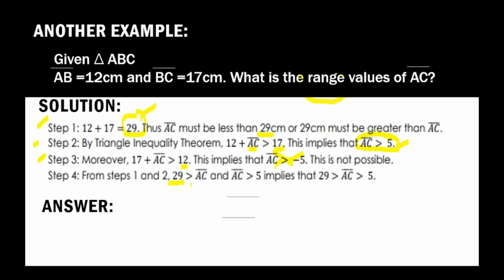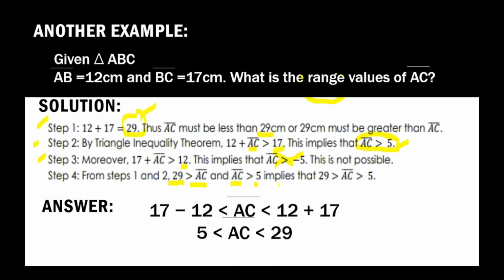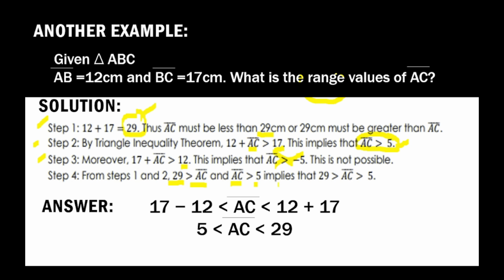Ang measure dapat ng side AC ay less than 29, at ang measure ng side AC ay greater than 5. So, simply, the answer will be 17 minus 12, galing siya sa ating step number 2, is less than side AC, and side AC must be less than 12 plus 17.